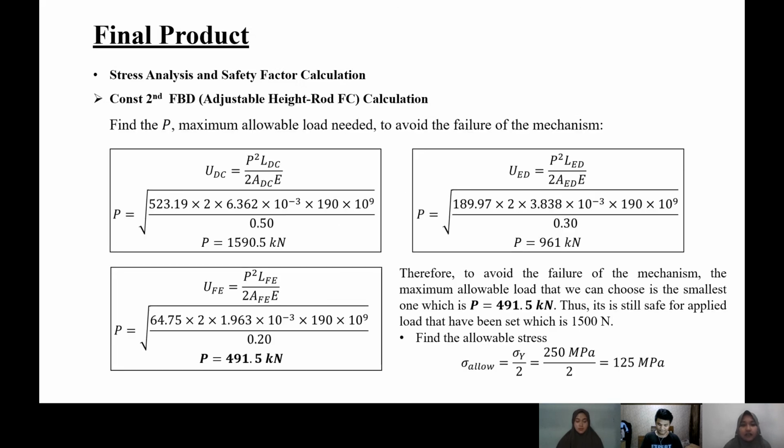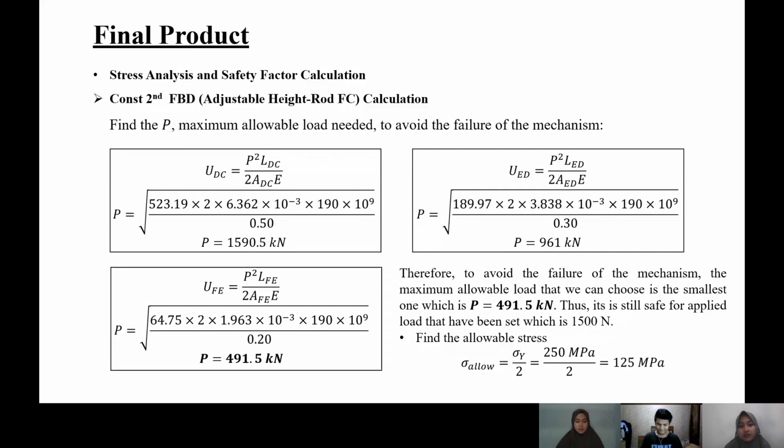After we know the value of the strain energy density, we can calculate the maximum allowable load at the three parts, which are part DC, ED, and FE.